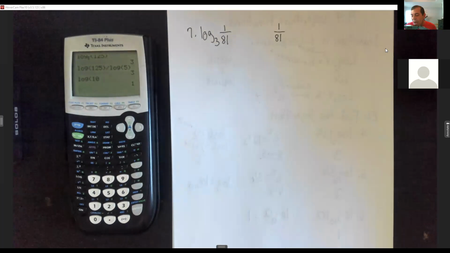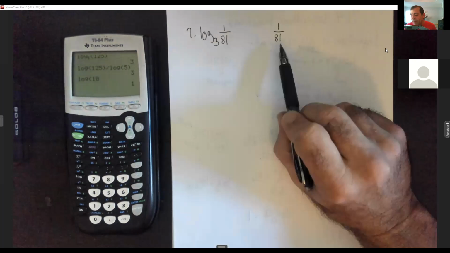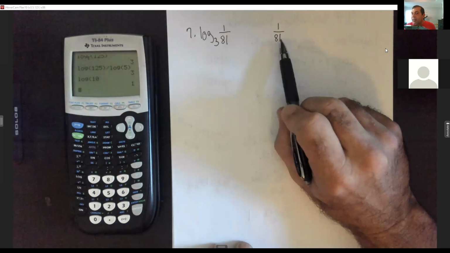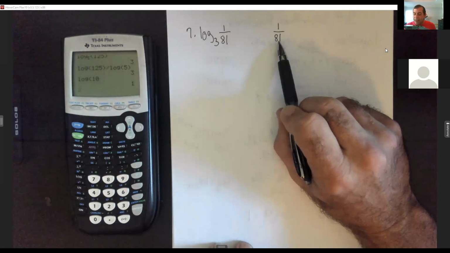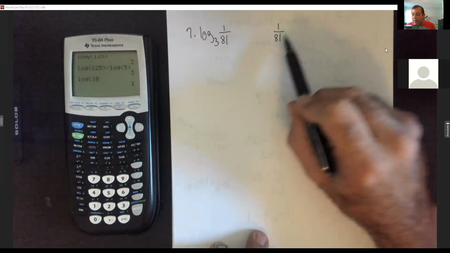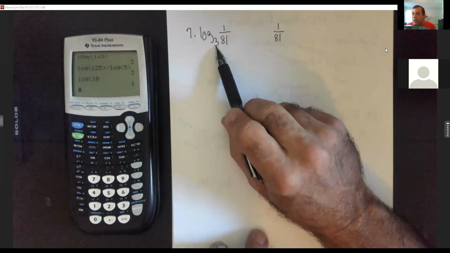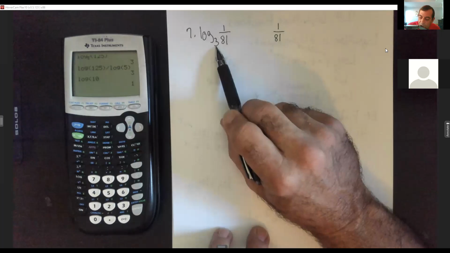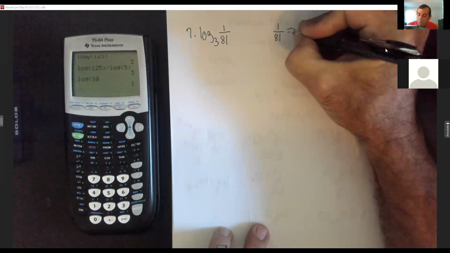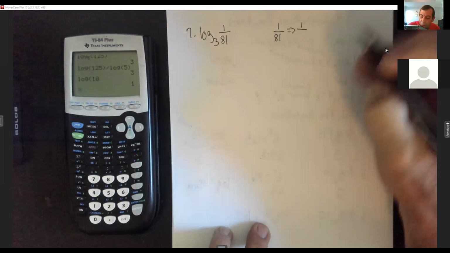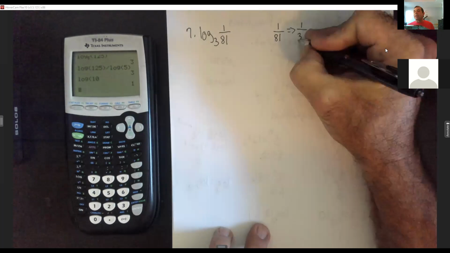First of all, what I want to try to do to this problem is rewrite this 81 as a number that I can get using a 3 as the base. So we're going to rewrite 1 over 81 as 1 over 3 to some exponent.